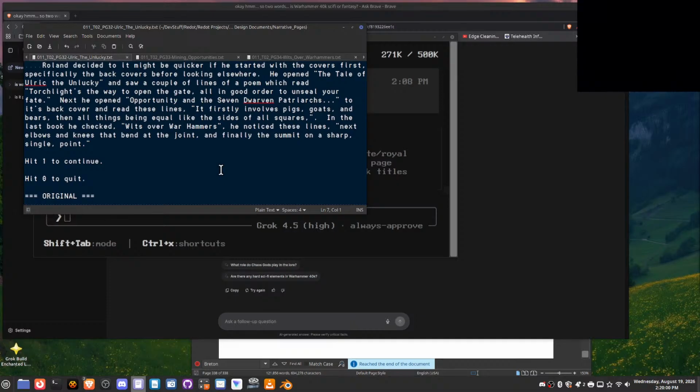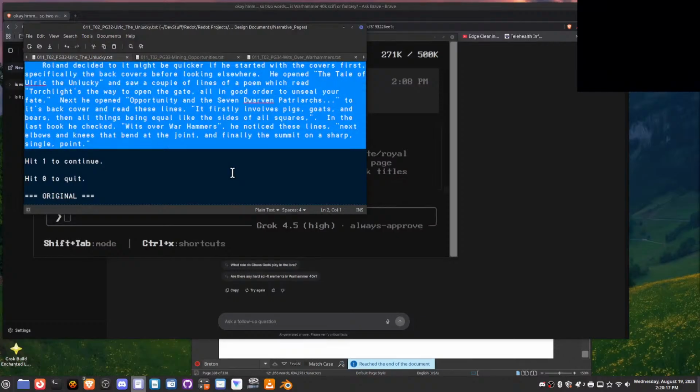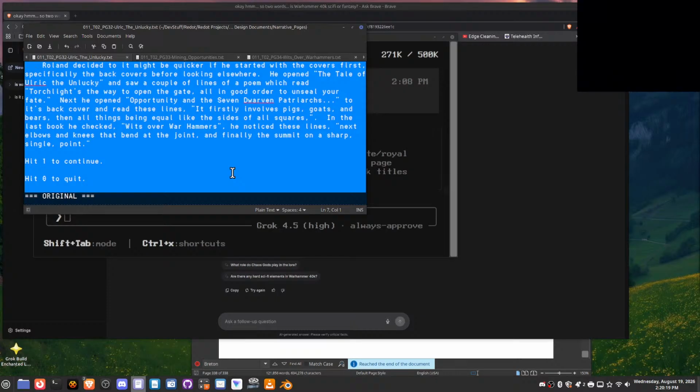Wits, Opportunity and Orc. So it's completely backwards. Okay. We'll see.